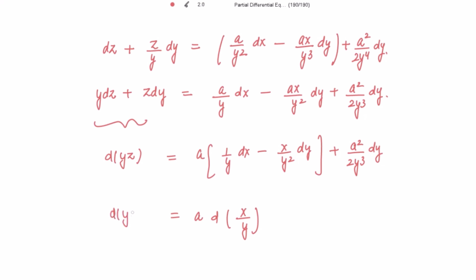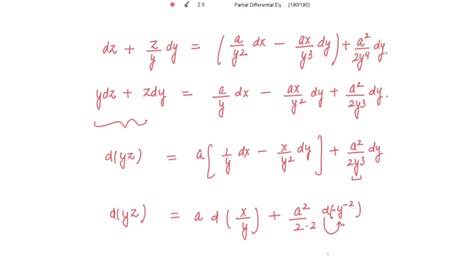And here d(yz), plus a squared divided by 2, it is constant, and because I am having 1 divided by y cubed, can I write this as the derivative of y to the power minus 2 with negative sign inside the bracket? Please check this. When you take the derivative of this, what do you get?